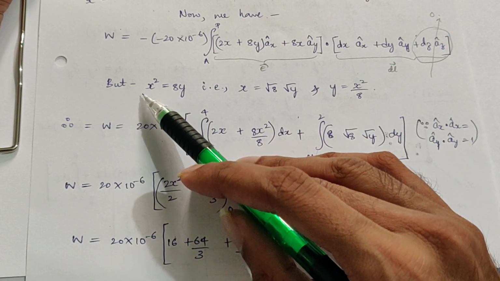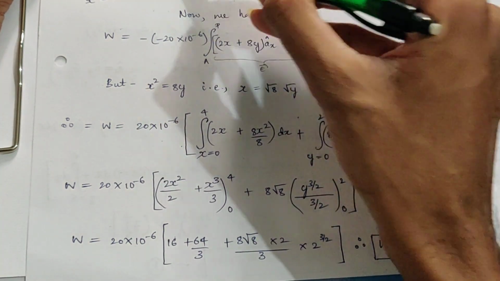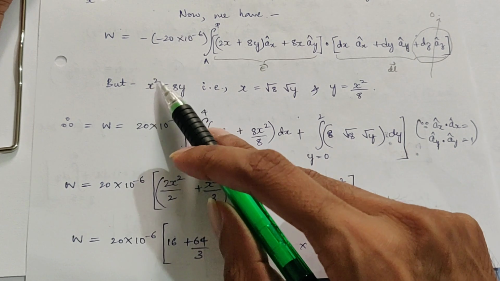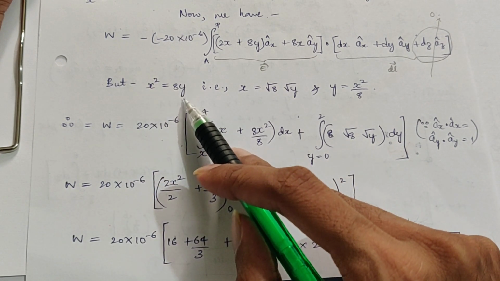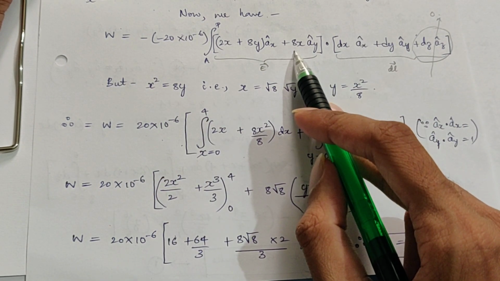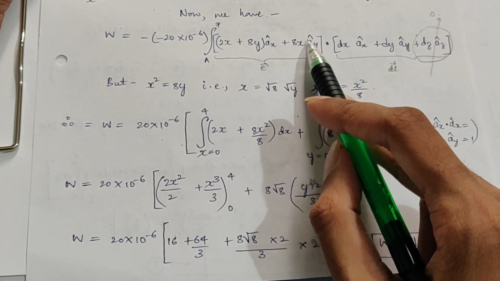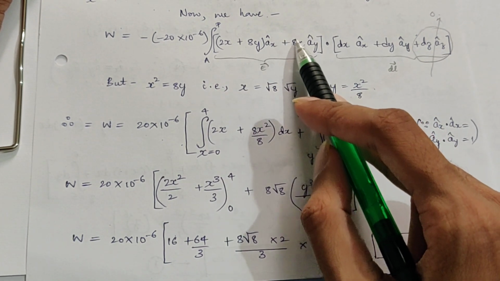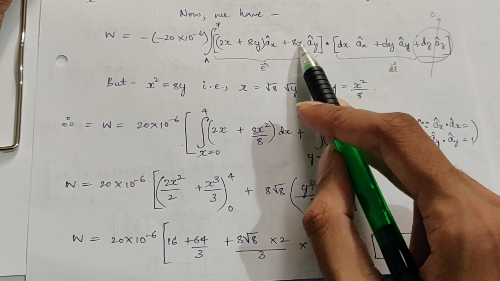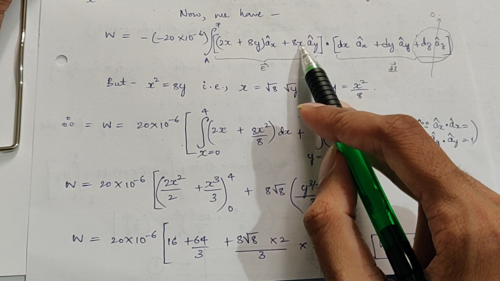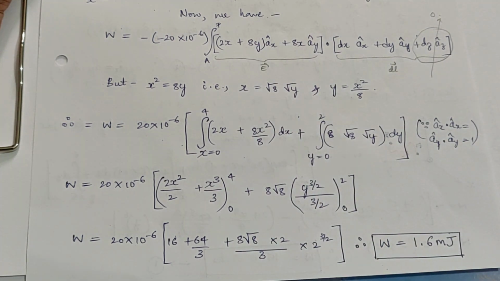But I know that the path is given by x squared is equal to 8y. I want the path. Now if you see here, instead of some y component, I only have the x component. So I have to make it in such a way that this is described by a y component.